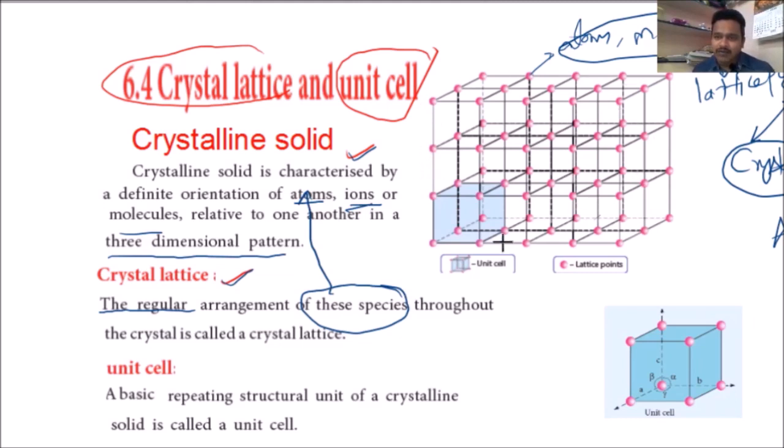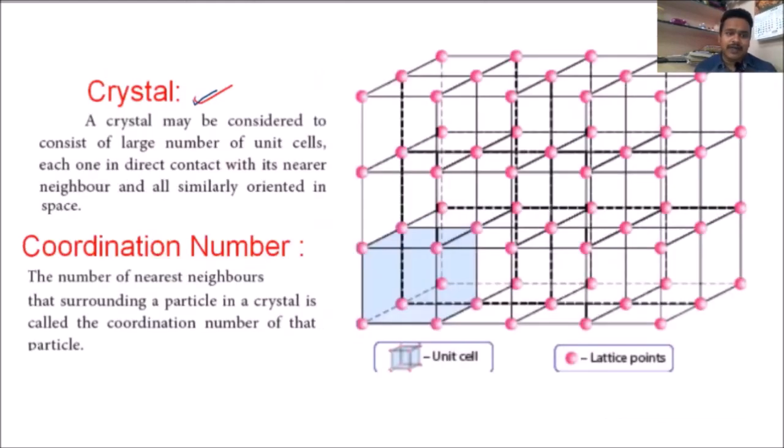This crystal fully is an arrangement of atoms only. That is what the crystal lattice. Crystalline solid, otherwise crystal lattice, and the other one, crystal. The crystal may be considered to consist of a large number of unit cells.